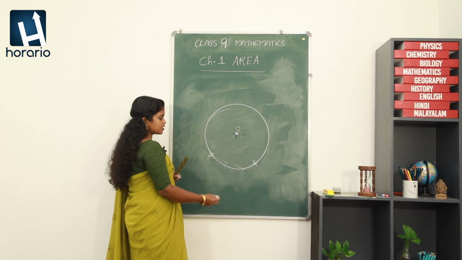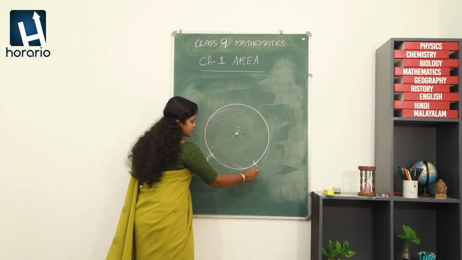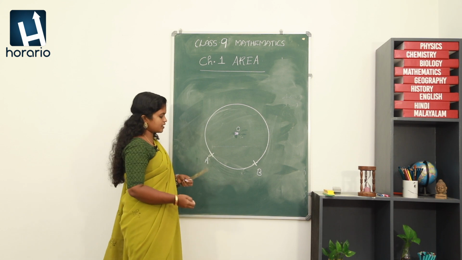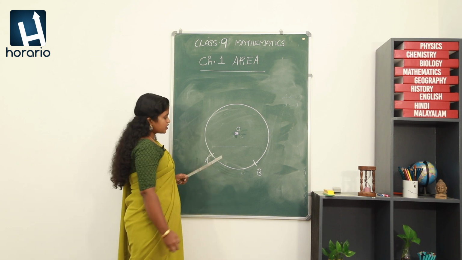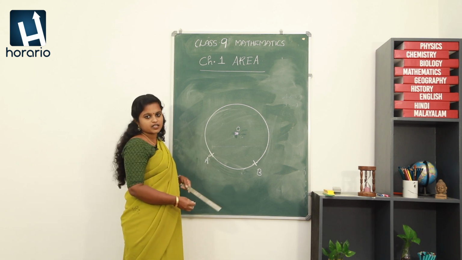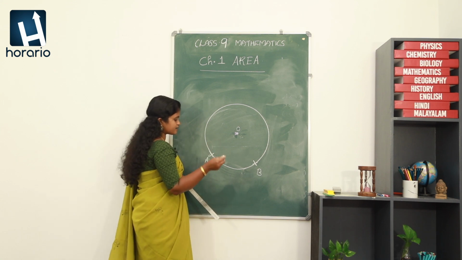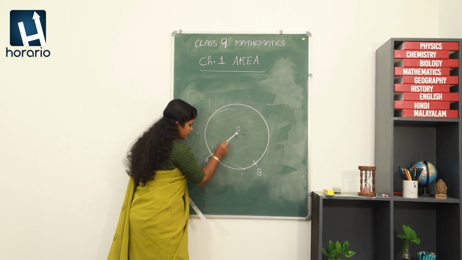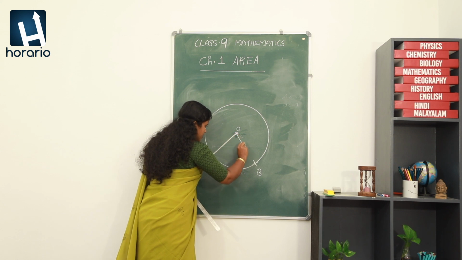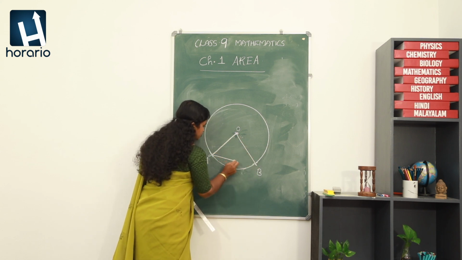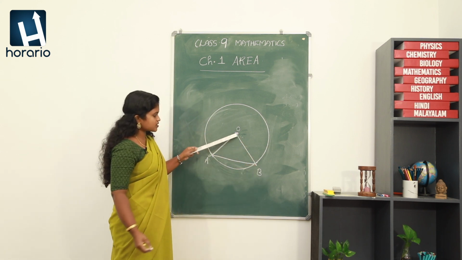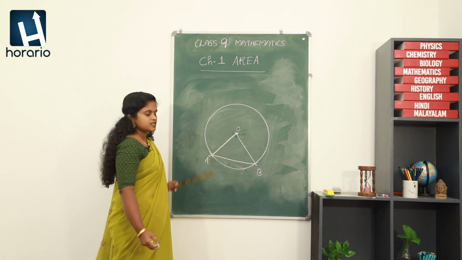I am going to name them A and B. You can give the names according to your convenience. Now what else? We have to complete a triangle. So use your scale and pencil and complete the triangle. So we have triangle ABO. So one of the vertices is at the center and the other two on the circle.